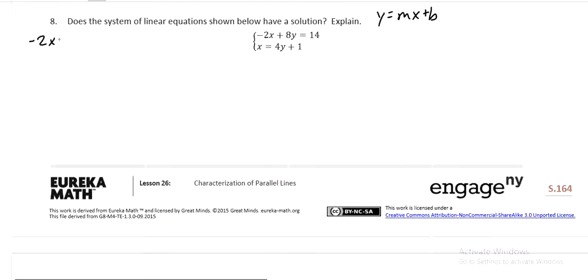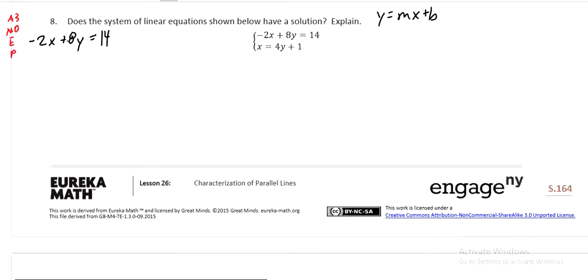So we have negative 2x plus 8y equals 14. I'm focused on getting y alone. First thing I have to do is move the term that does not have y in it, because we move things by following reverse PEMDAS. So just PEMDAS, but upside down. We move what's added or subtracted first.